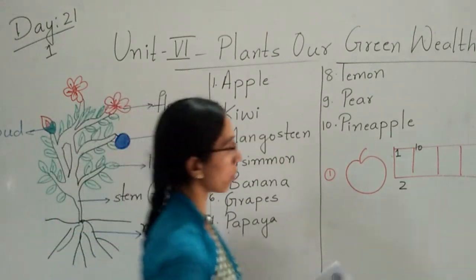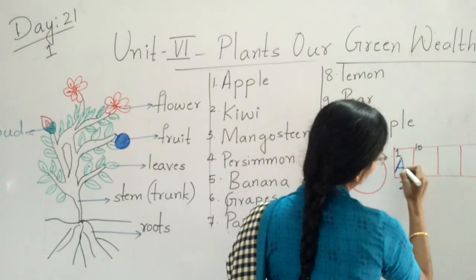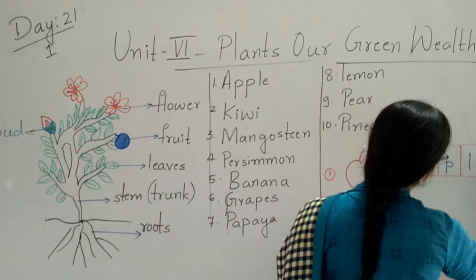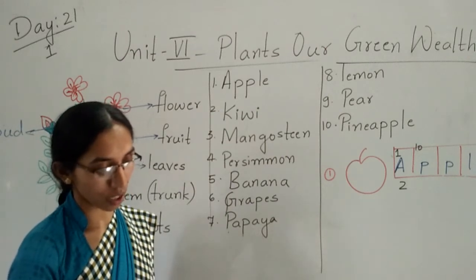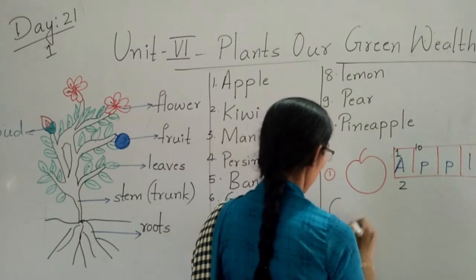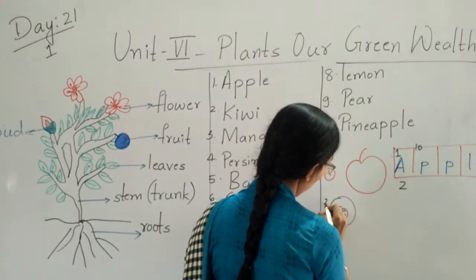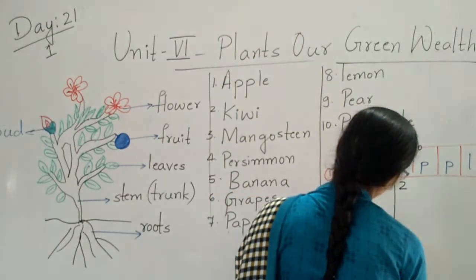So here what you have to do, just first number is what? Apple. Then write here A-P-P-L-E, apple. Yeah, children. So next you can see, next is what there? Next is a kiwi. You can see. I have just said it is the second number. So where does it come? It comes here.